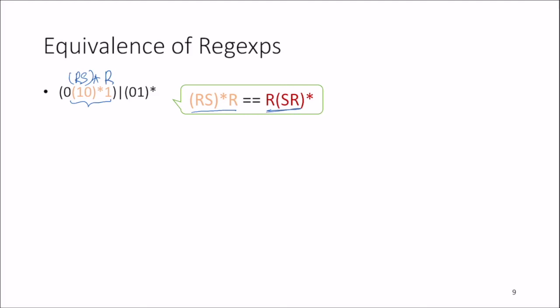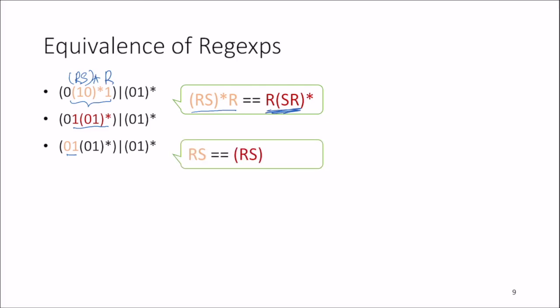And I can replace it with the right-hand side, where again I'm just doing that re-bracketing trick. So I replace it with 1 followed by 0, 1 star. And now you can see that this 0, 1 over here can be bracketed by using this equivalence. So I end up with 0, 1 followed by 0, 1 star.